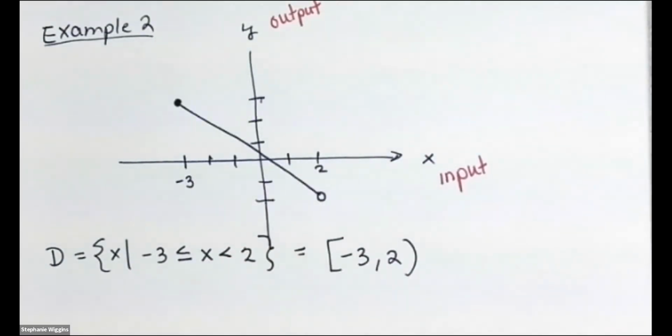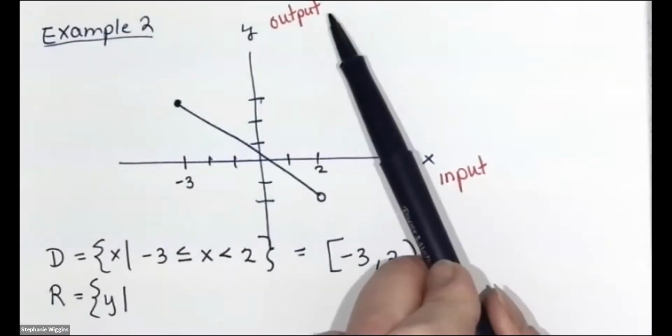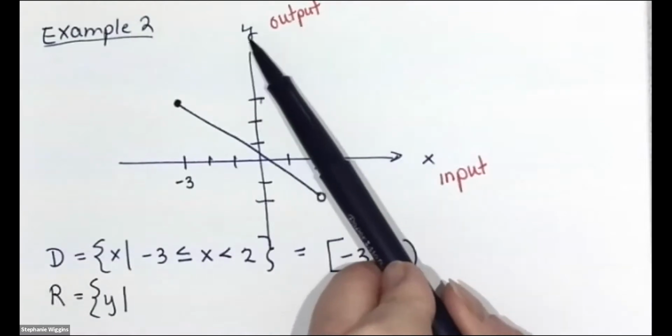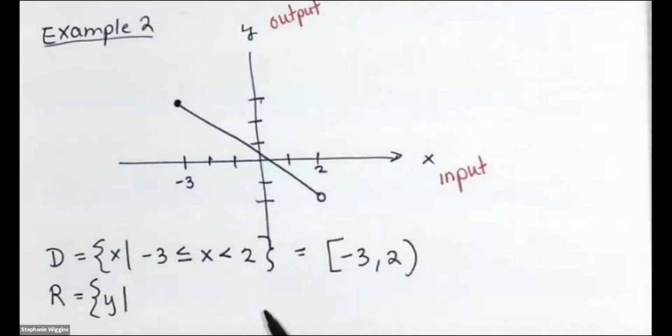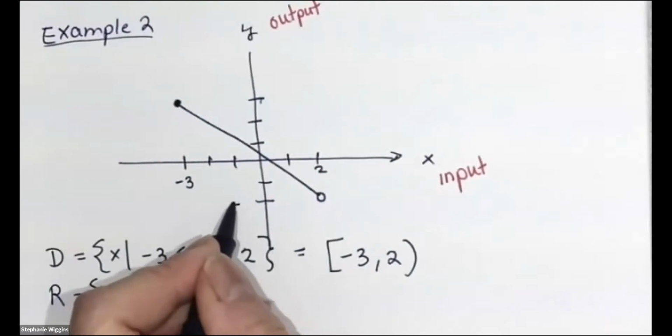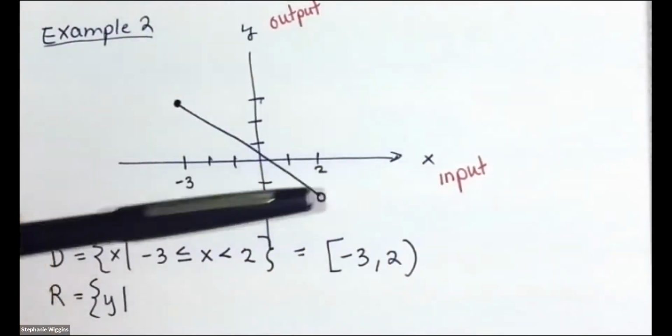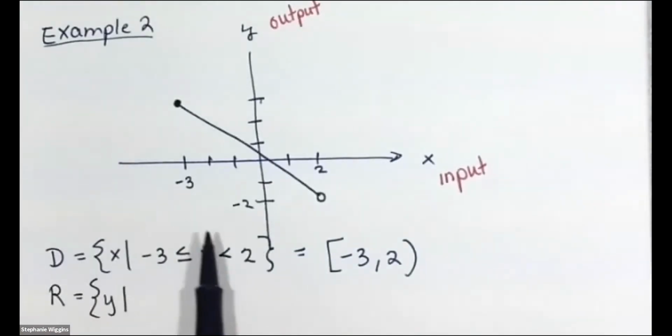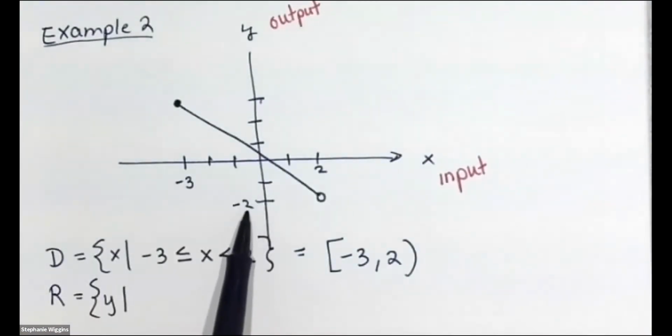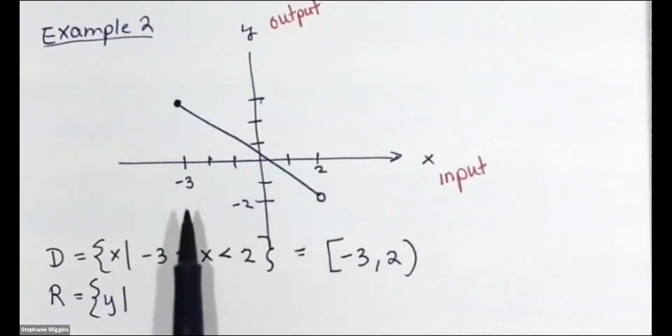Okay? If you want to talk about the range now, you're talking about y values. So I'm going to write it with the y values in there. This time, the range is the possible output, so we're talking about the y direction, the vertical direction. We're going to start down here at the bottom at -2. The function doesn't exist at -2; the -2 is not in the range because of this open circle here.